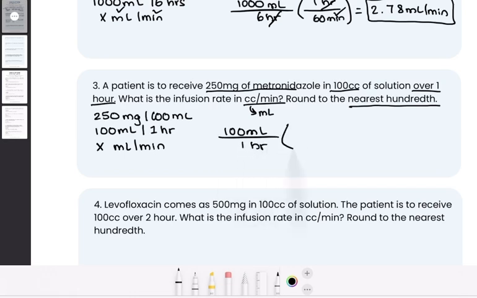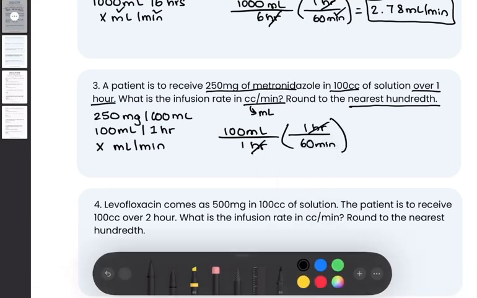So 100 milliliters per hour converted to minutes matches the units in the answer you're looking for. Don't be confused or thrown off by the 250 milligrams, because in this case, you're only focused on the milliliters. After rounding, your answer is 1.67 milliliters per minute.